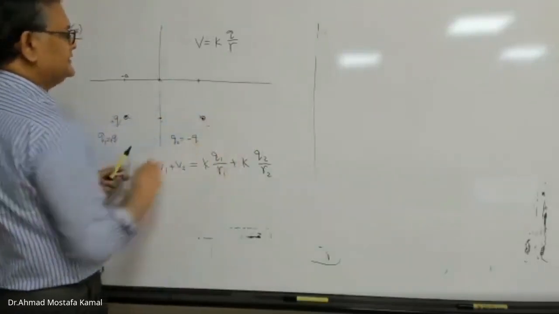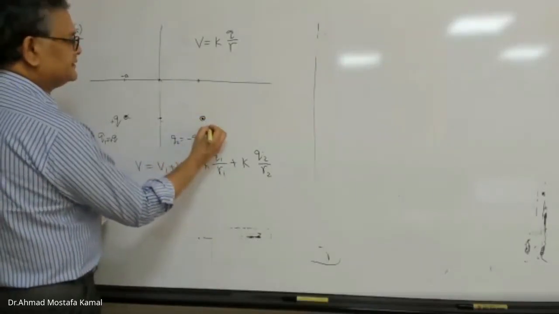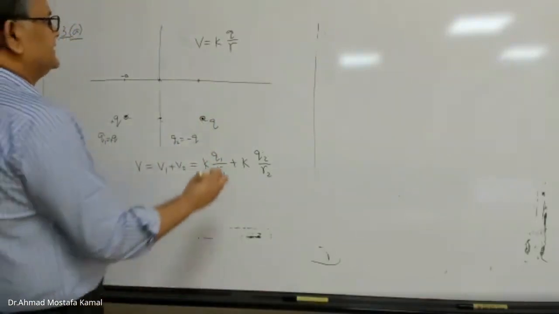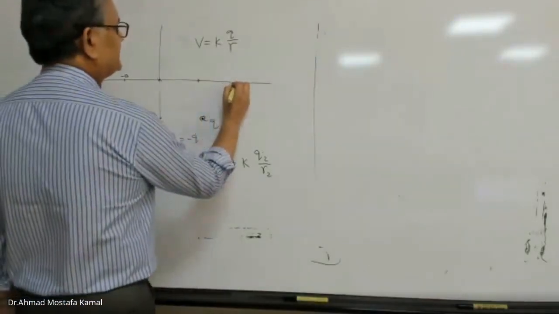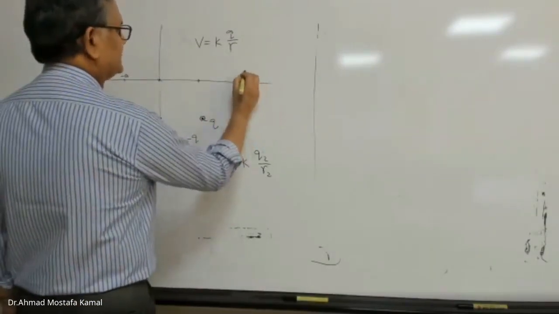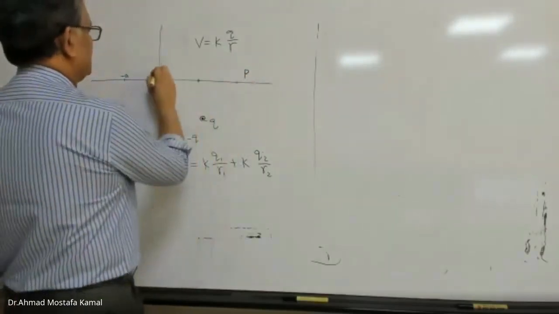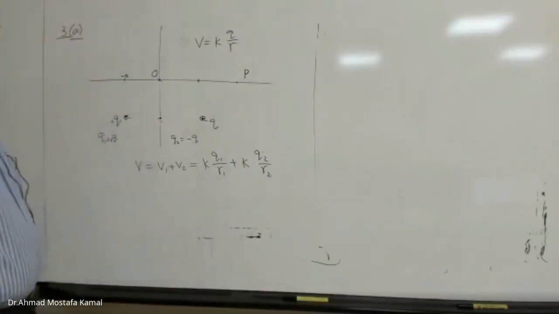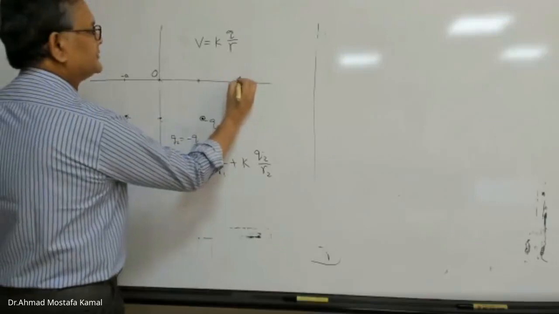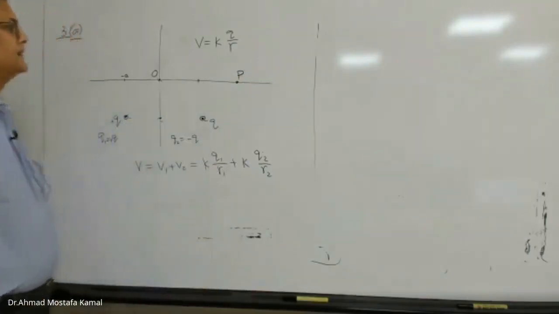So in this case, you see, we shall change the point. This is minus q, position minus q. Say let us choose the name of the point, say P. We want to calculate the potential at point P. This is our target, at any point.